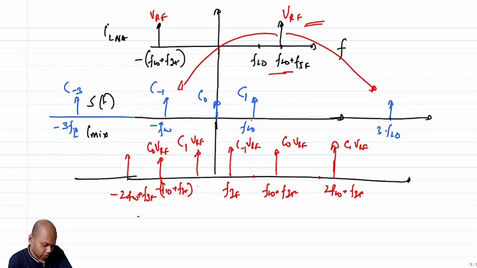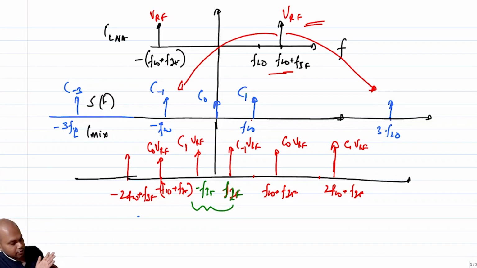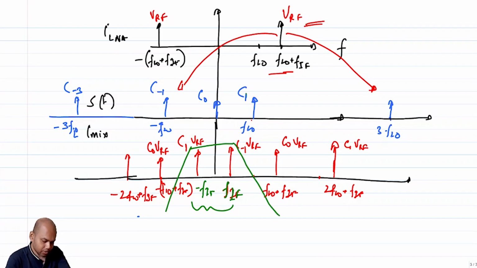The desired tones are these ones, at FIF and negative FIF. These are the desired tones, because that is the intermediate frequency that we are after. Everything else is undesired. So ideally we would like to have a filter which filters out everything else and keeps these, correct.